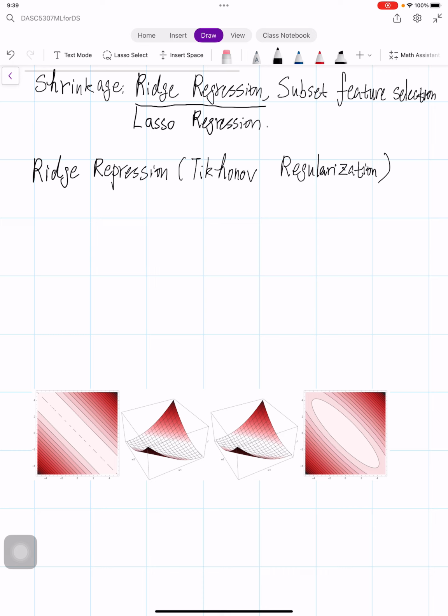Okay, the basic setup is the assumption is that we have the least squares linear regression, and plus L2 penalized mean loss.